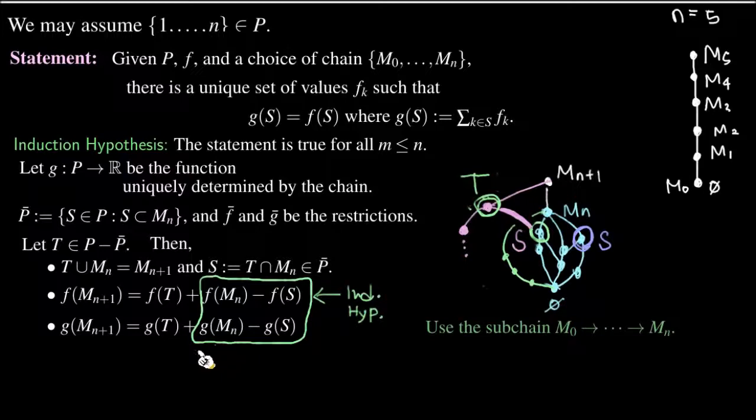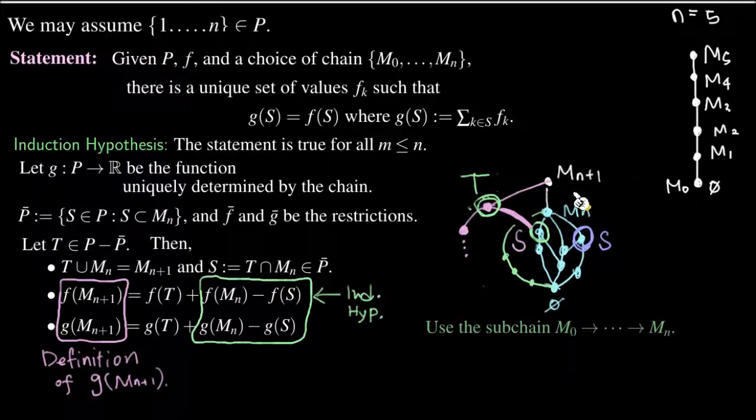The part that is maybe not easy to see is why these two things are the same, because this guy is outside, and I'm claiming that it's natural because of the way G of Mn plus 1 and G of Mk are defined.